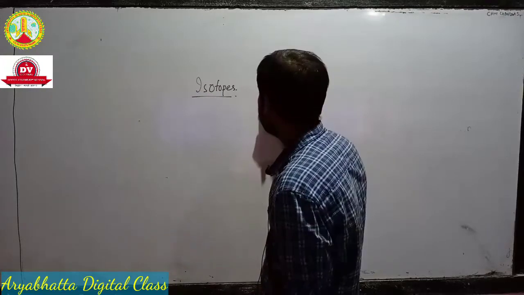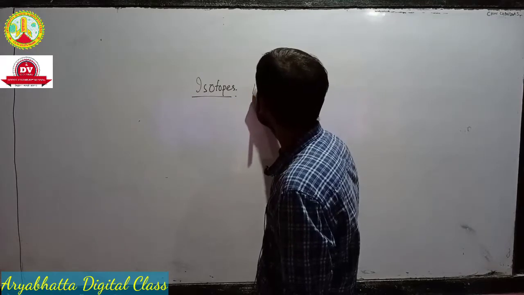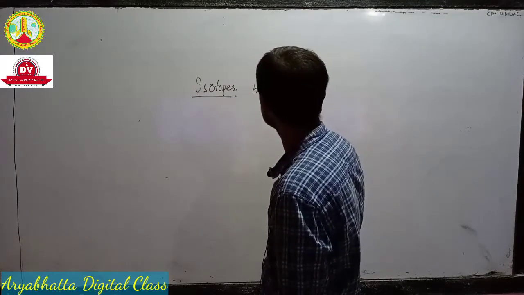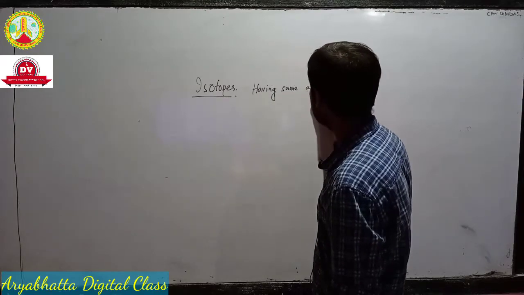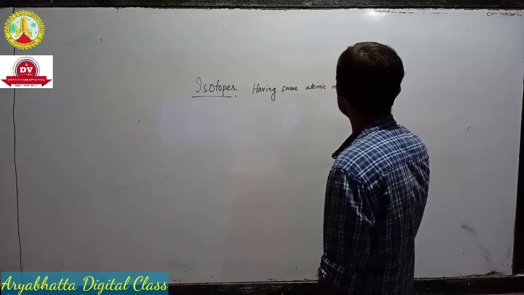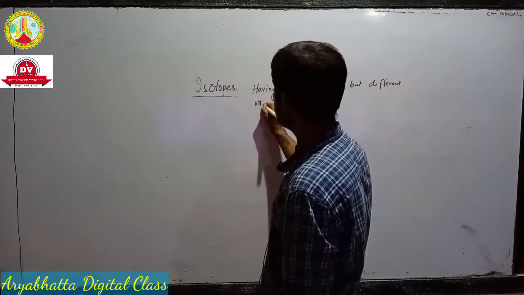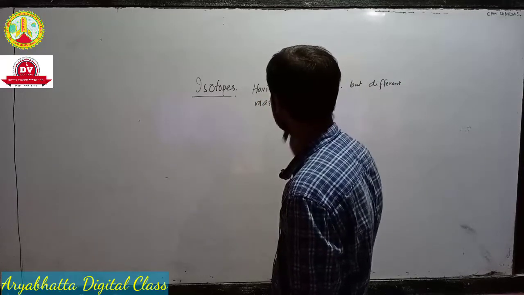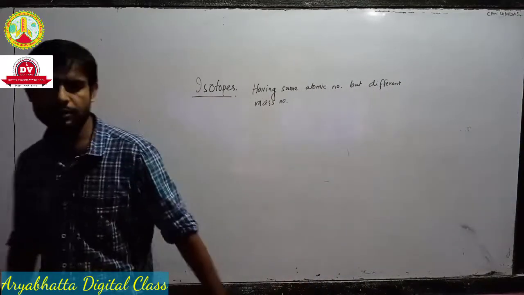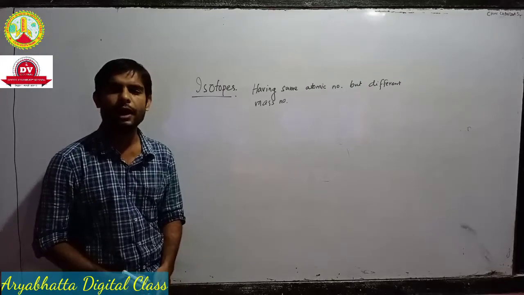Elements having the same atomic number but different mass number. If two things have the same atomic number but different mass number, then they are called isotopes.